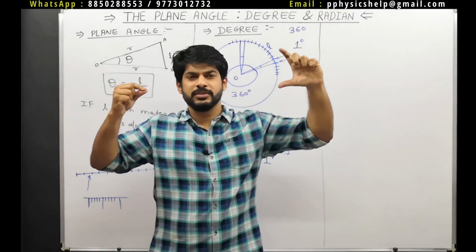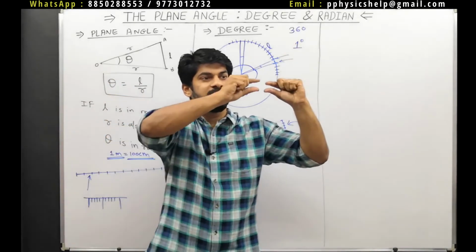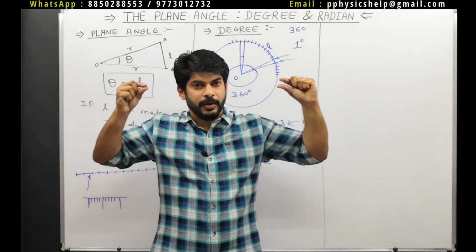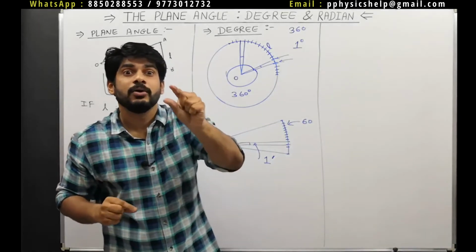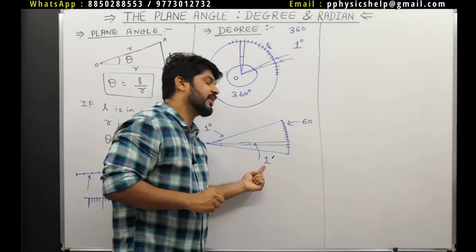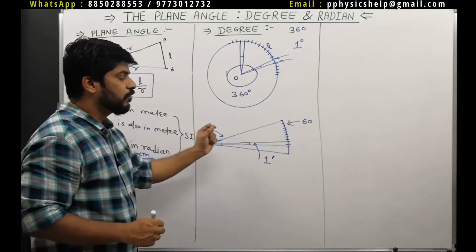Simply I can say when 1 degree is divided into 60 equal parts, then each part subtends a certain angle at the center, and that is called 1 minute, and this is how we define it. I hope this is clear.